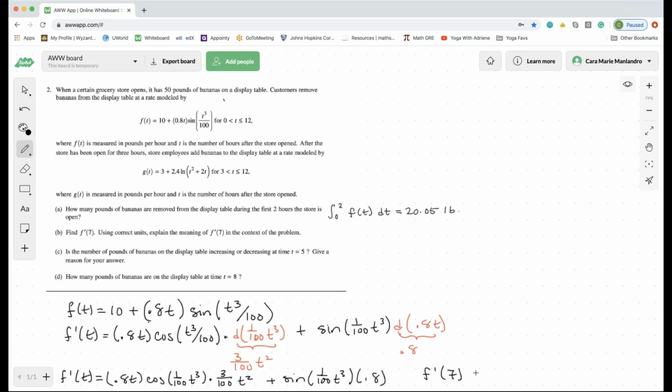Make sure you ask questions if you have them, and don't forget to make sure that this calculator is in radian mode. It's going to mess you up if you're not in radian mode.